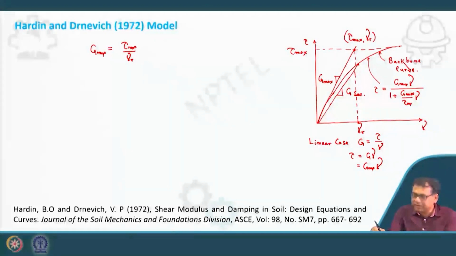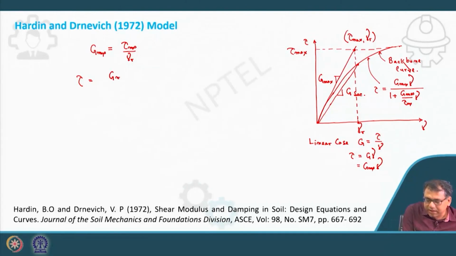So that means this will definitely be tau max by reference strain. Now, I know that my tau is equal to G max into shear strain divided by 1 plus G max into shear strain divided by tau max.